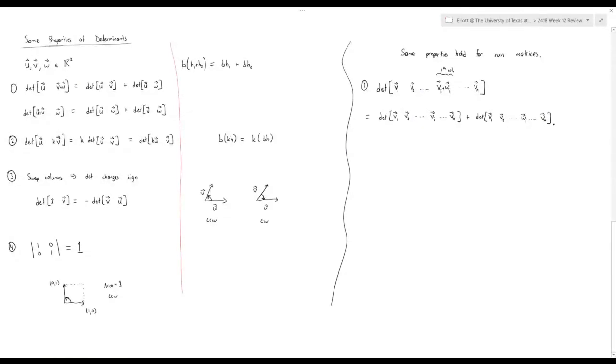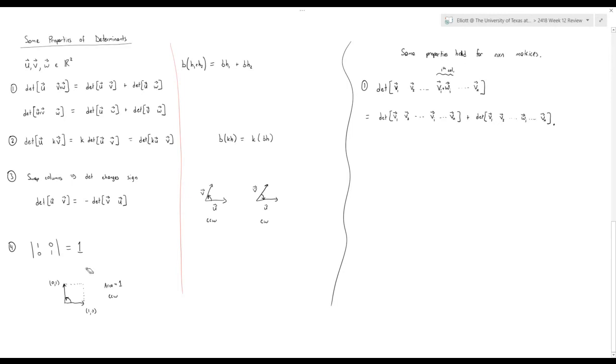So the second property is if you scale one of the columns by k, the determinant will get scaled by k as well. If you swap 2 columns, the determinant changes sign, so that still holds for n by n matrices.